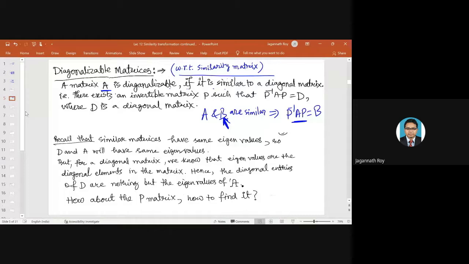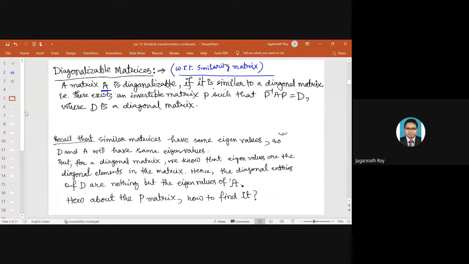So this is the idea. Here B was any matrix; when it becomes a diagonal matrix, then we say that A is a diagonalizable matrix. So that is why similarity transformation is very important to find the diagonalizability of a matrix.